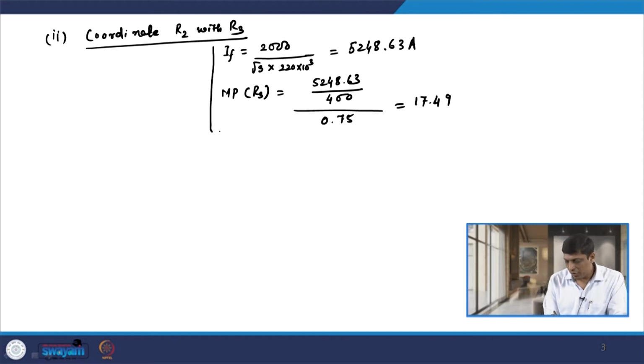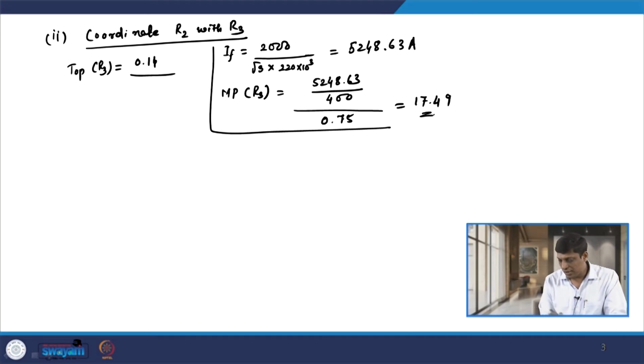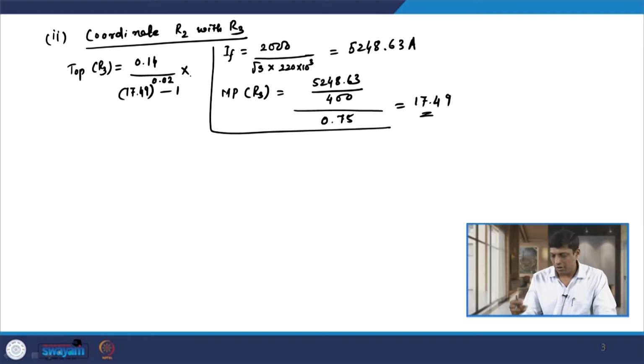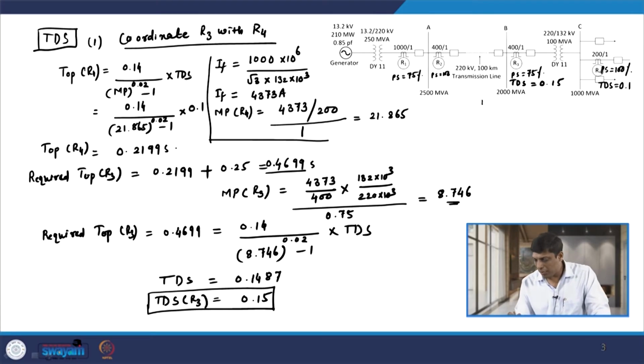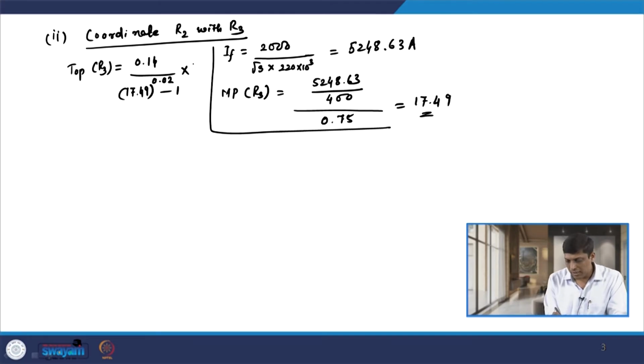With this value, let us calculate the time of operation of relay R3, that is 0.14 divided by MP, that is 17.49, and the whole raised to 0.02 minus 1, into TDS. The TDS of relay R3 we have already calculated, that is 0.15. If I solve this, we have the value 0.3565 second.